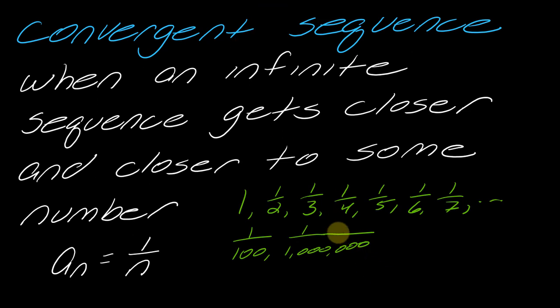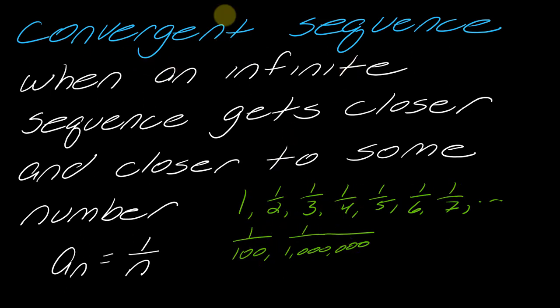So once you start getting into this threshold, especially 1 over 1 million, you start getting to numbers that are really, really tiny, right? What if it was 1 over 1 trillion or 1 over, I don't know, 88 trillion or whatever. So you're going to start getting into numbers that are super tiny and basically 0 at that point, right? And that's what it means to be a convergent sequence.